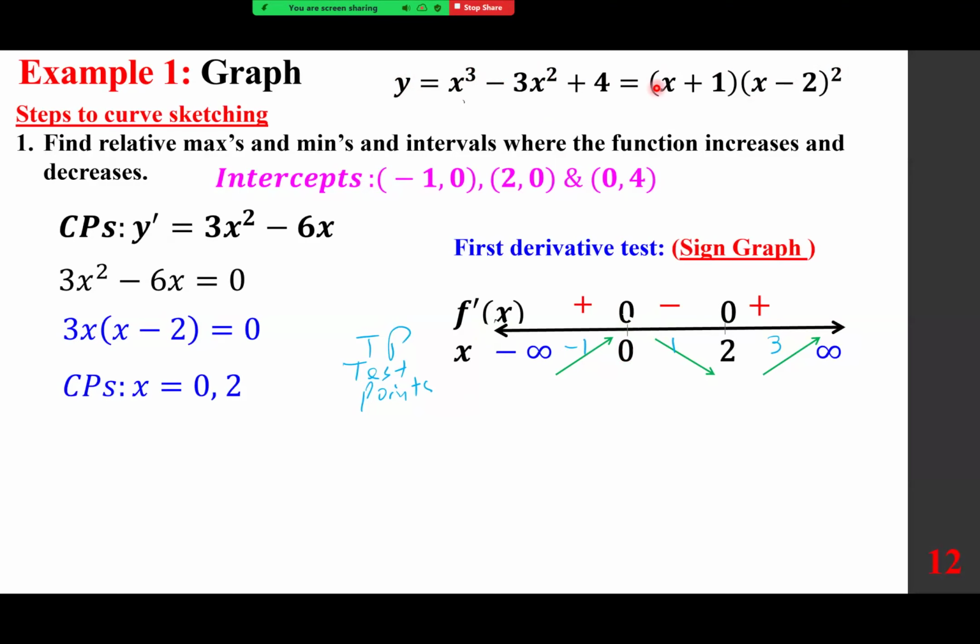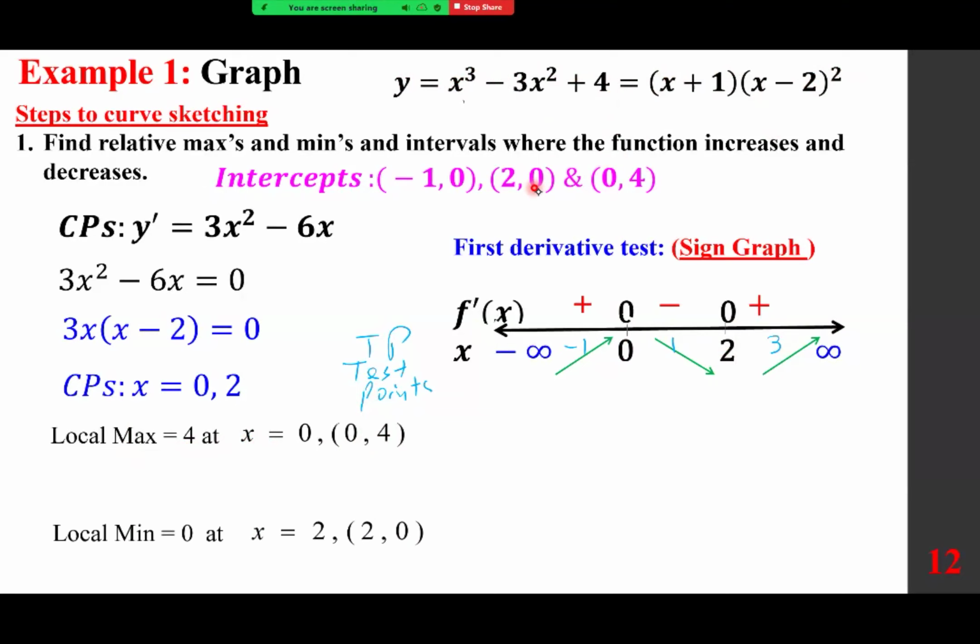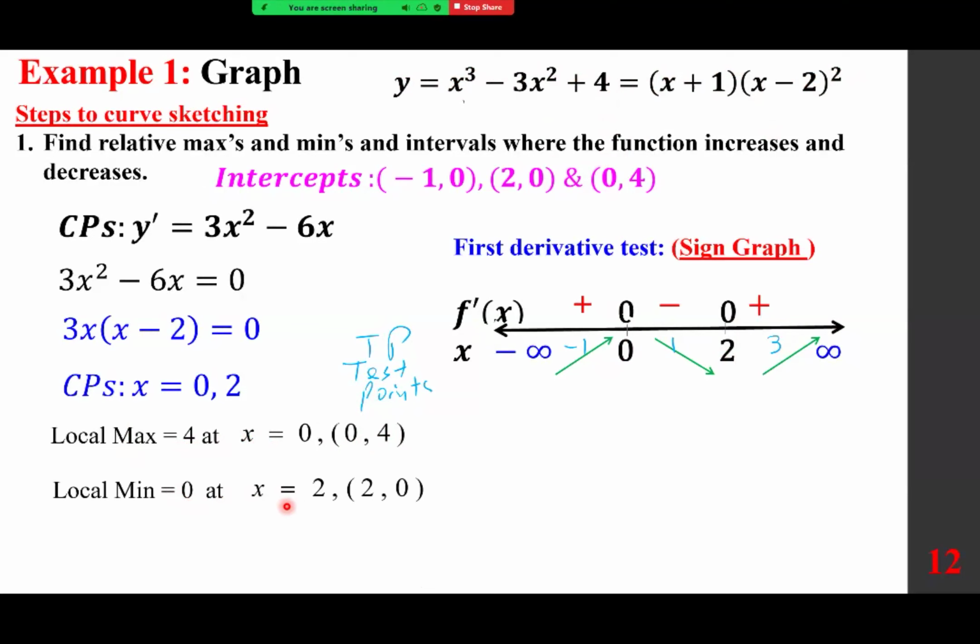If I put the 0 here, of course, you already had this point. So you are going to say local max equals 4 at x equals 0, or at the pair, however they ask you. Local min, you plug in the 2 into the original function. 2 happens to give us 0. So local min is equal to 0 at x equals 2, or 2 comma 0.